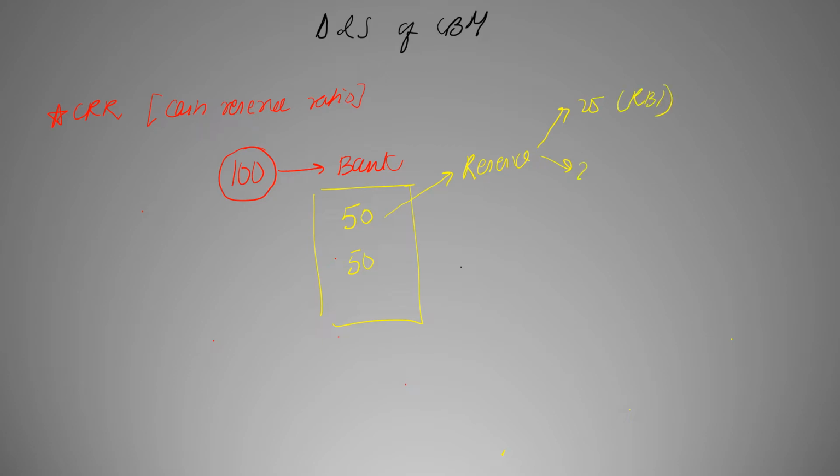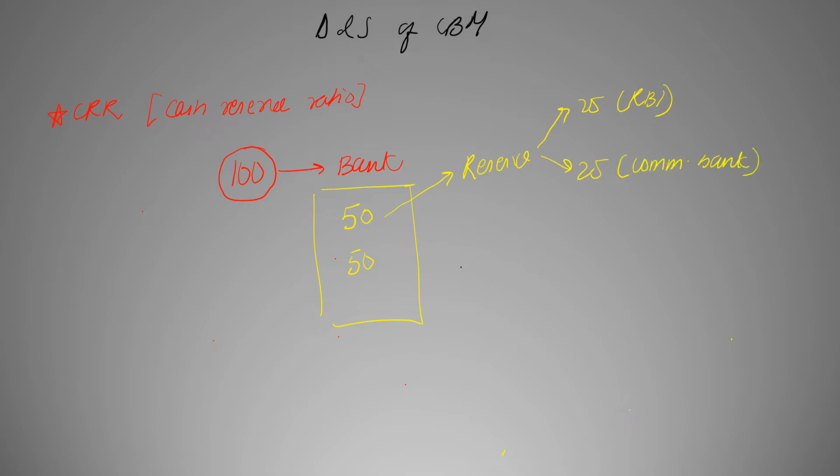Now imagine that you have deposited 100 rupees to a bank. What the bank did is they kept your 100 rupees in two parts, 50-50. This 50 was kept aside as reserve, and out of this 50, 25 is given to RBI and the remaining 25 was kept with themselves, the commercial banks.